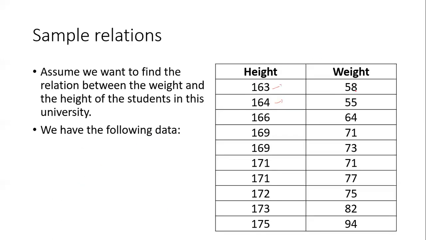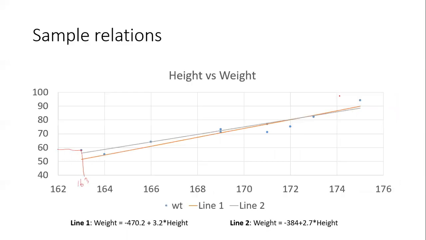Let's see, that's 58. So this is 58. And this guy is 164, and this is 55. Okay, this is 55, right? And so on and so forth. So this is the first guy, this is the second guy, the third guy.